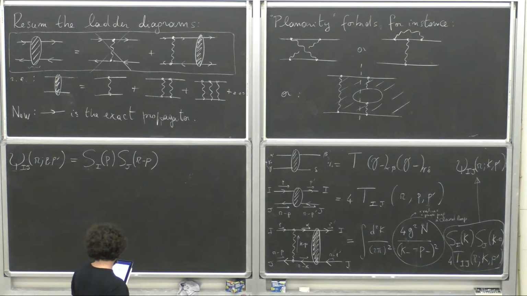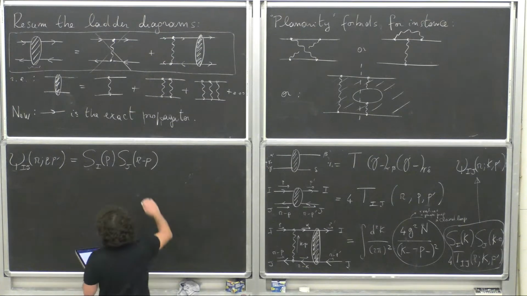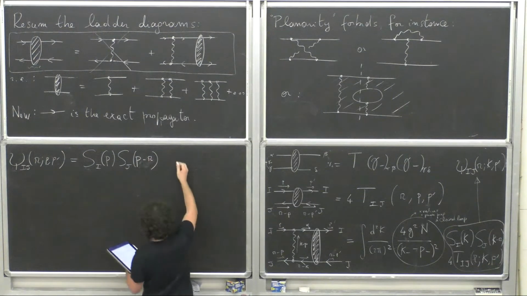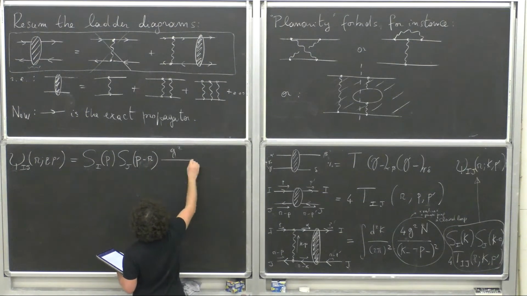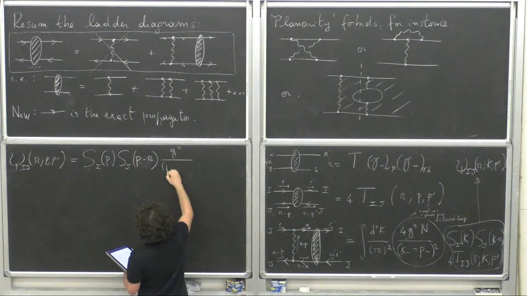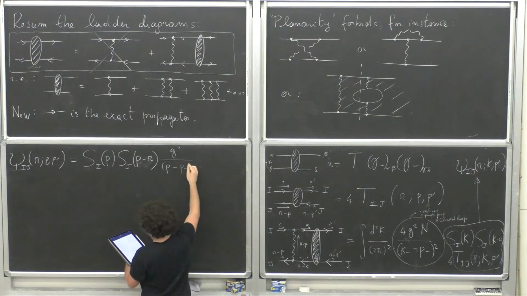I think this should really be p minus r. I think I have a mistake in my notes, sorry. P minus r, then there is a g squared times p minus p prime minus squared.